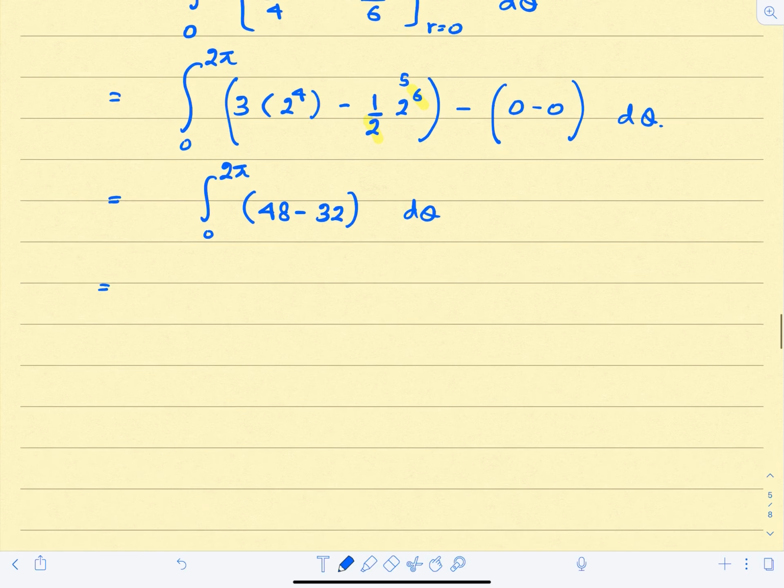Finally, if you integrate this with respect to the theta variable, you will get 48 minus 32 is 16 theta, and after applying the limits, you will get 16 times 2 pi minus 0, which equals 32 pi.